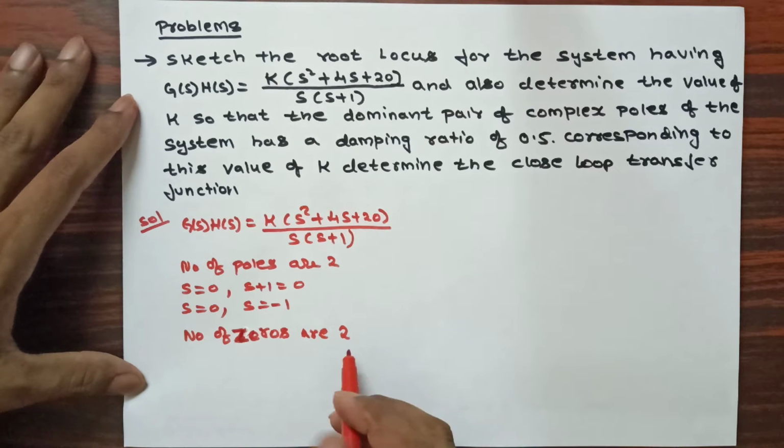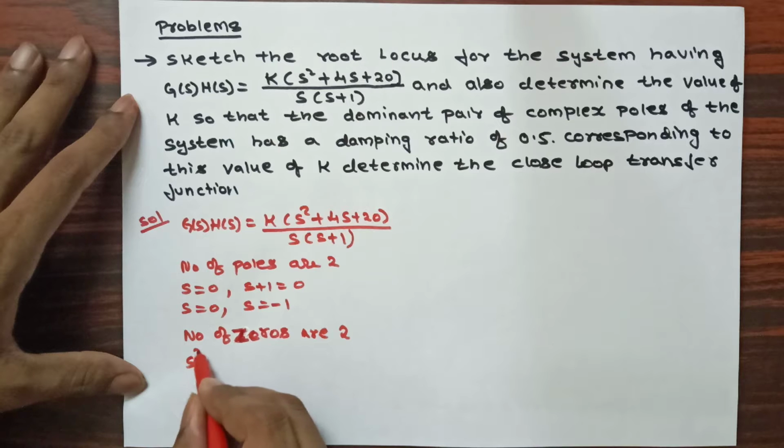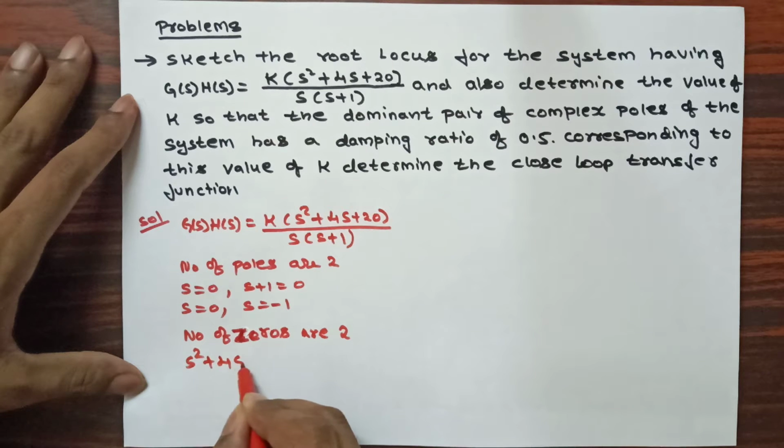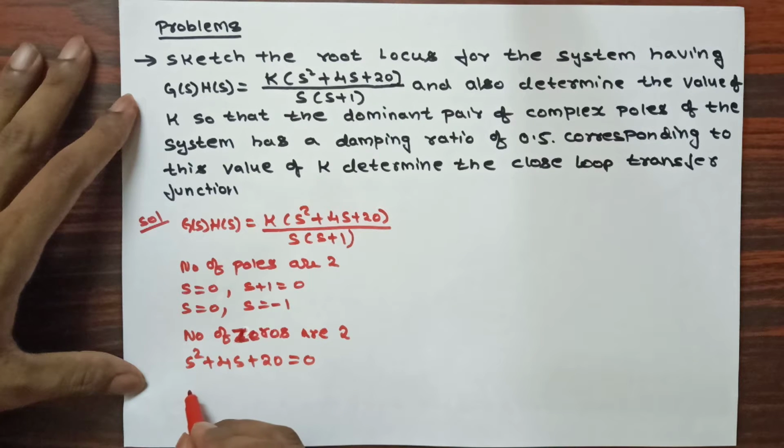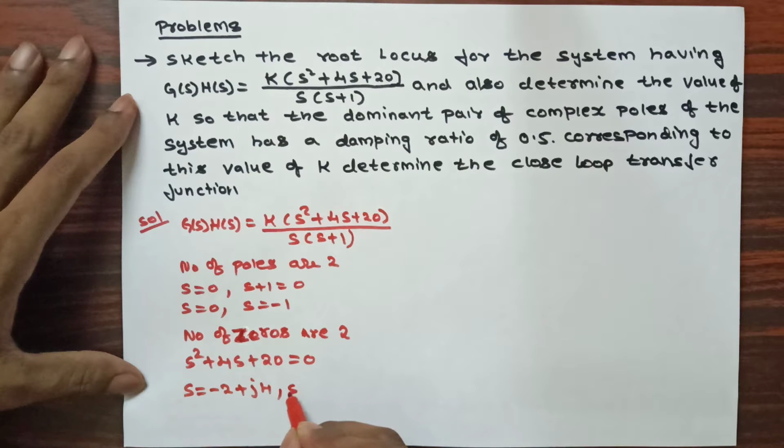The number of zeros is 2, that is s² + 4s + 20 is equal to 0. From this quadratic equation, I am going to get two complex zeros, that is s is equal to minus 2 plus j4, and the second complex zero s is equal to minus 2 minus j4. These are the two complex zeros I am getting from this quadratic equation.